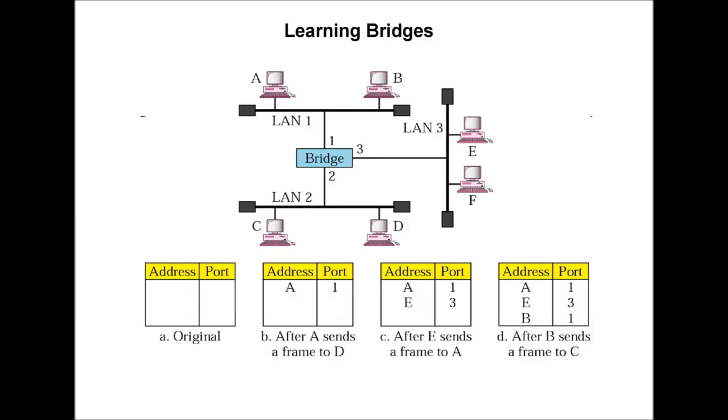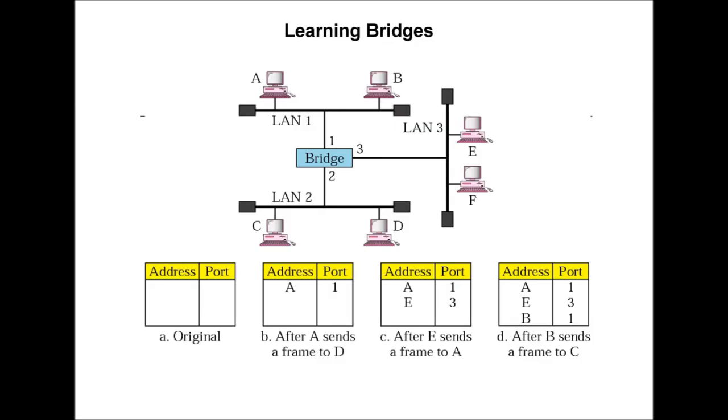Learning process of bridge or bridges. In this slide you can see different local area networks again, LAN 1, LAN 2 and LAN 3. These three local area networks are being connected with the help of a bridge. Whenever this device, the bridge, is powered on, the MAC addresses of all the connected devices are not saved for the first time.